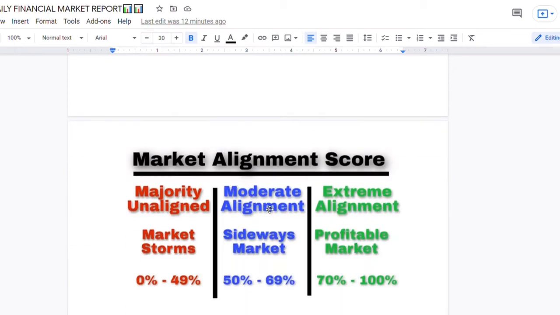Now I mentioned that it's very important for an investor to understand where they are as far as the market conditions are concerned. Market conditions will always change. Every day market conditions change. What we're looking at is not necessarily the changes, but we want to know where we are from a standpoint of the market condition.